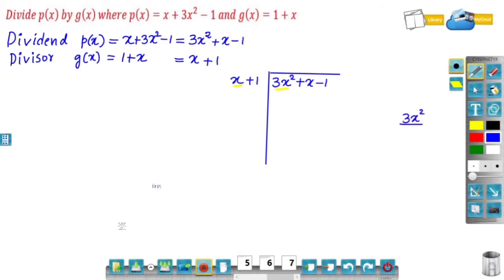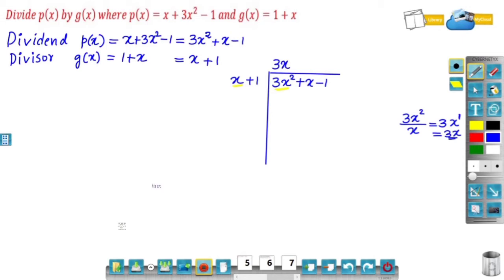First term of dividend by first term of divisor, that is 3x square by x is equal to 3x to the power, look at the powers, in the numerator 2, denominator 1, so 2 minus 1 is 1, that is 3x. Now write 3x in the quotient.